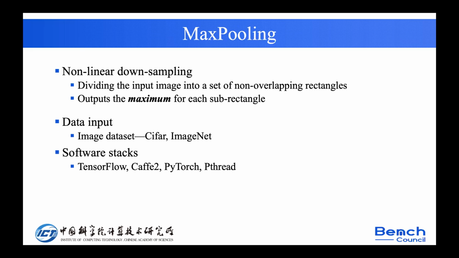Max pooling divides the input image into a set of non-overlapping rectangles, and max pooling is a nonlinear downsampling, and outputs the maximum for each sub-rectangle.